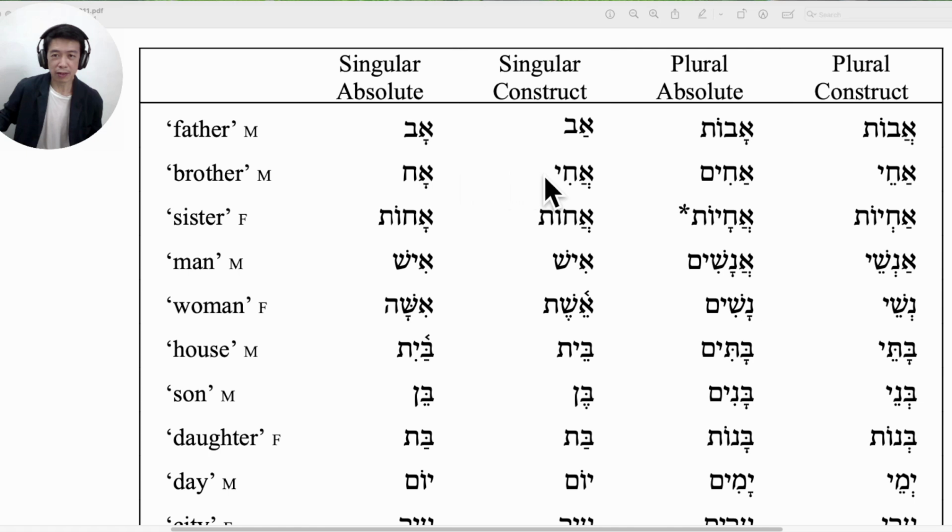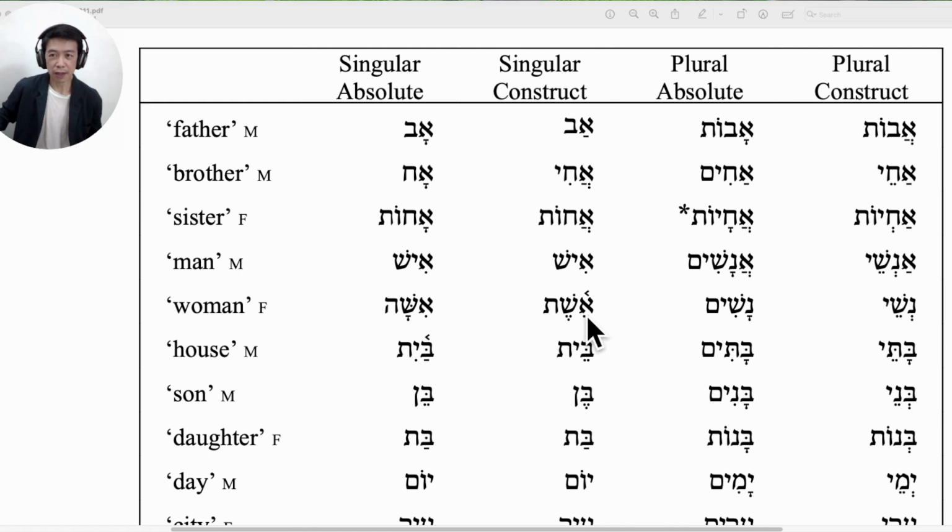This is because there is a need to spread out the vocalization of the words to the next word that the first word is attached to. And also, we can see that there's some transformation of some characters, such as hey in the absolute forms to tav in the construct forms.